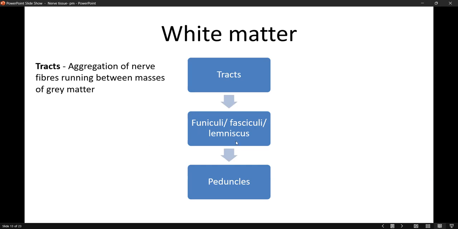And then furthermore, when you see the largest collections of fibers, we call them peduncles, which connect to particular parts of the brain like the cerebellum or the cerebrum. So we have cerebral peduncles and cerebellar peduncles. These are much bigger bundles. So this is how the white matter is organized in the central nervous system in a very brief manner.